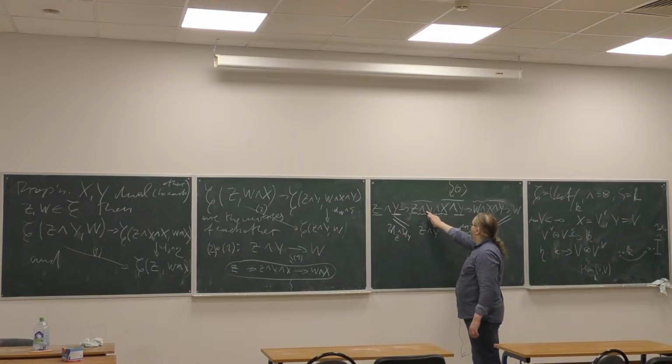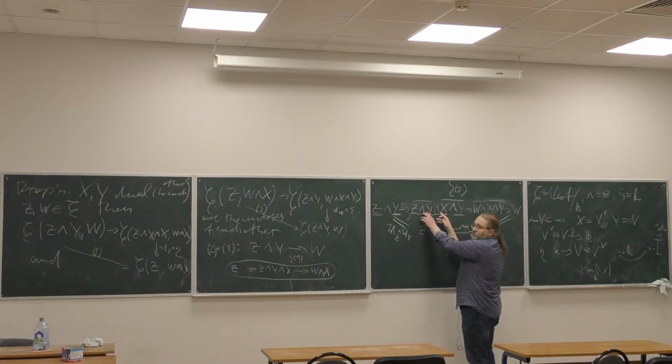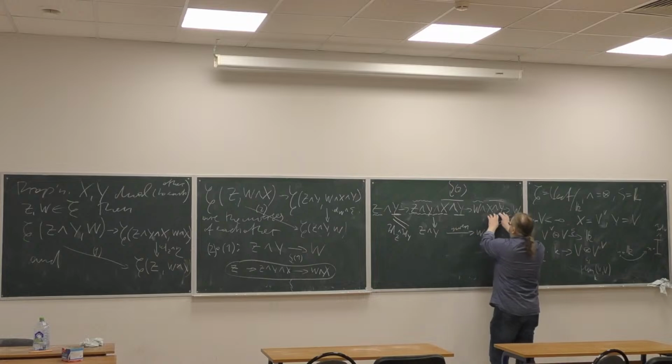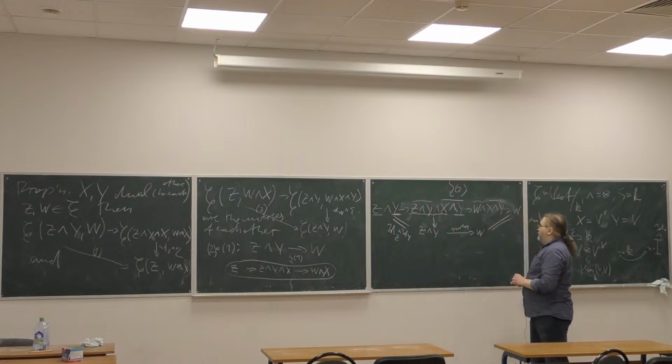Well, here we use the given map on the first two factors, the given map from Z wedge Y to W, and the identity of X wedge W, which we then collapse.